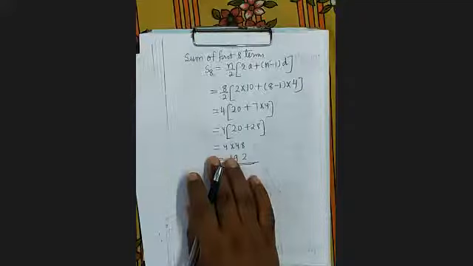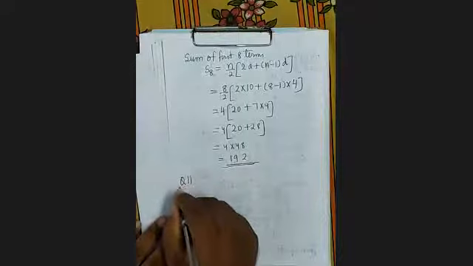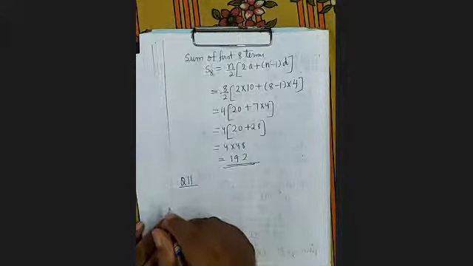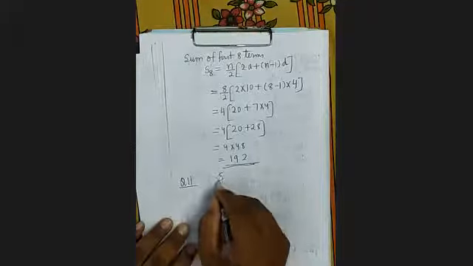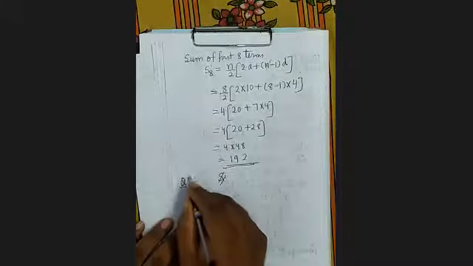Now see here, see question number 11. If the sum of the first 6 terms of an AP is 36, that is done. You can see question number 12.